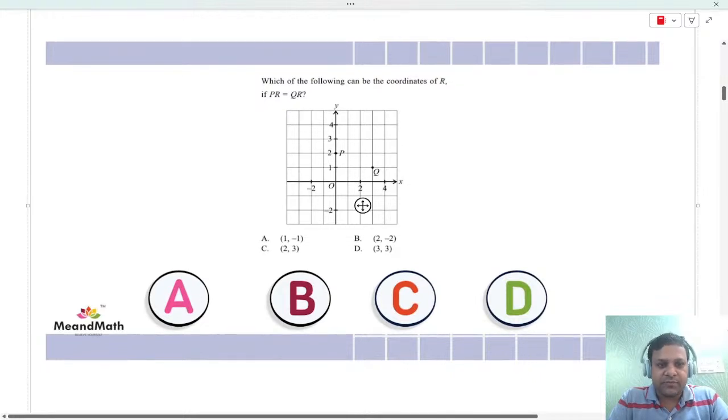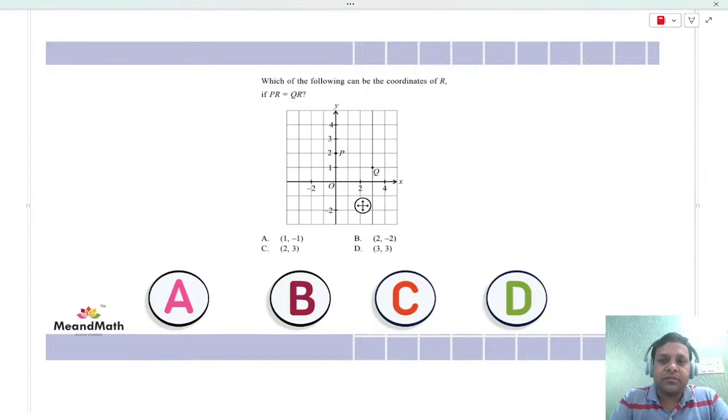This is the first question of the session. Which of the following can be the coordinates of R, if the distance PR is equal to QR?